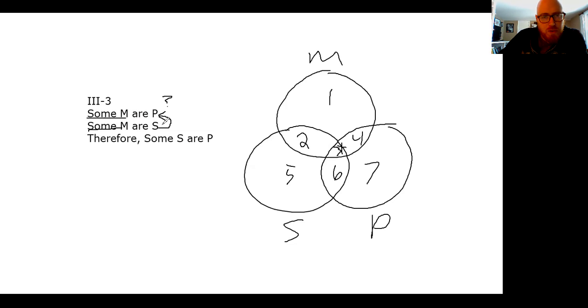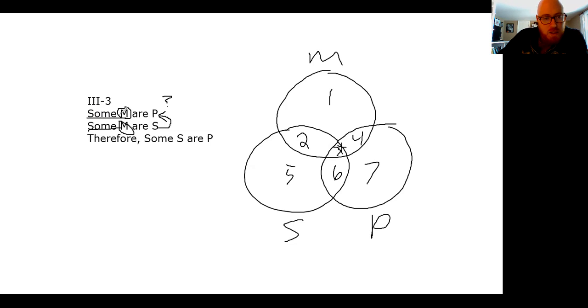Both of those statements are true, but clearly the M I'm talking about here is not necessarily the same M that I'm talking about here, right? So even though I've got a premise here that says there's at least one M which is an S, I don't get to let that condition the marking that I put for this premise up here, because I could be talking about two completely different M's in between these two premises.